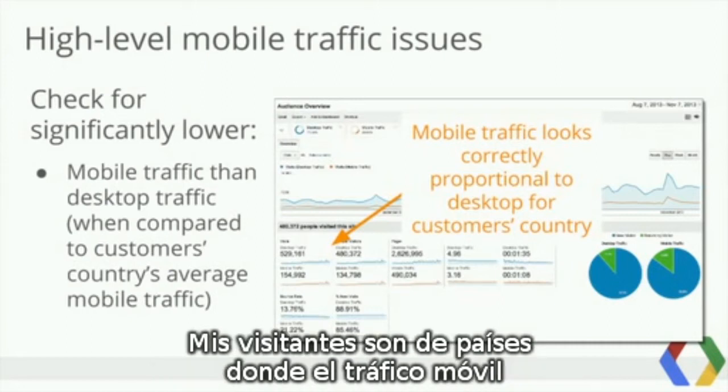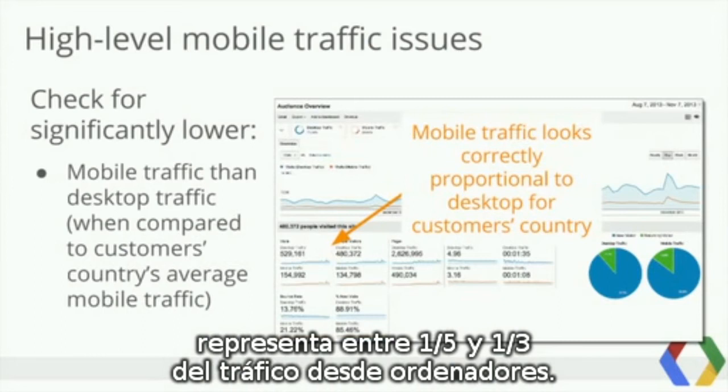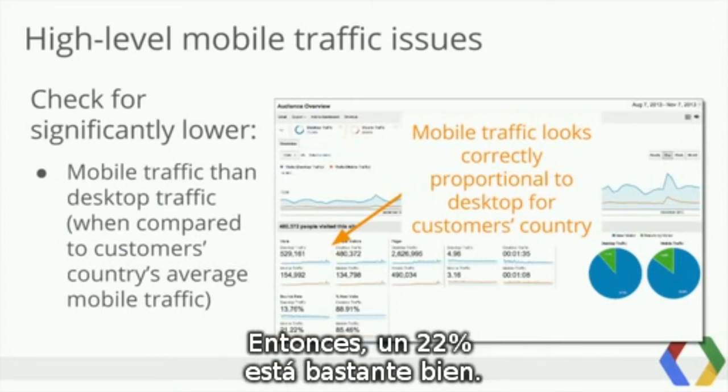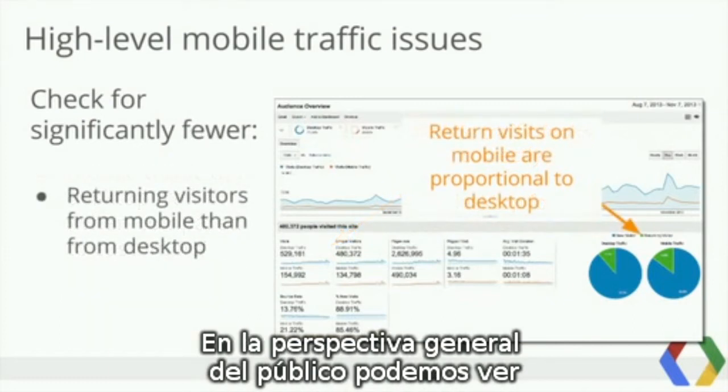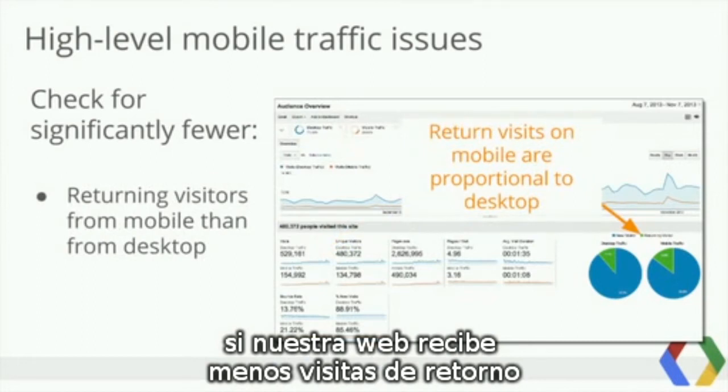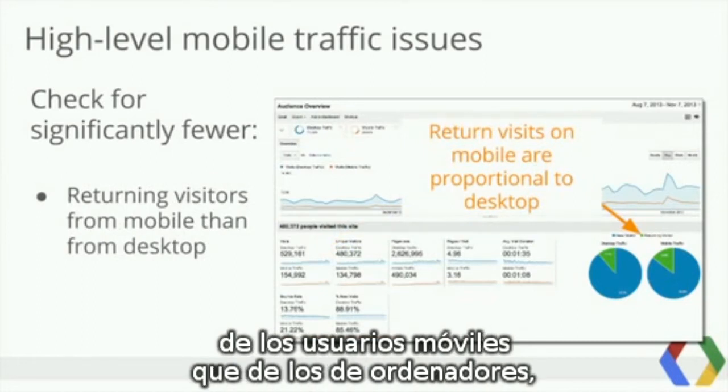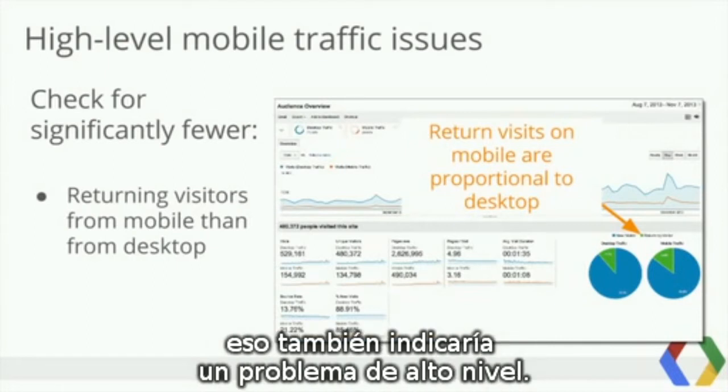My visitors come from countries where the mobile traffic ranges from about 1/5 to 1/3 of the desktop traffic, so 22% is about right. Still in audience overview, we can check if our site is receiving significantly fewer return visits from mobile users than desktop, since that would also signal a high-level issue.